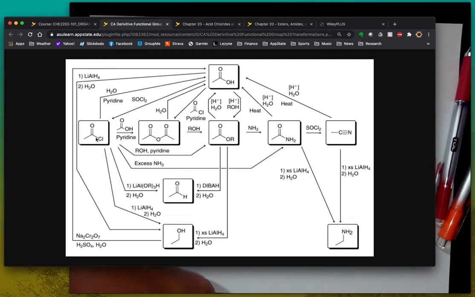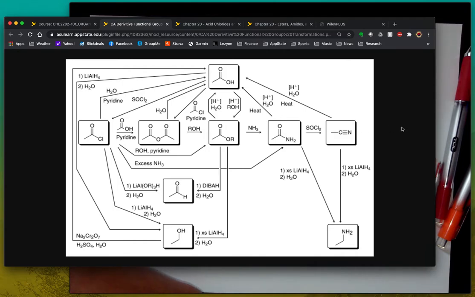If you have a chlorine leaving group and you want it to react with an alcohol, an ROH, well, that ROH is a better nucleophile than the Cl minus. The O carbon bond is a better staying on, stronger bond than the carbon-chlorine bond, and as a result, you can't compete. You would definitely jettison this chlorine in the presence of oxygen to make this ester, but you could never use a chlorine to jettison this OR to go backwards.